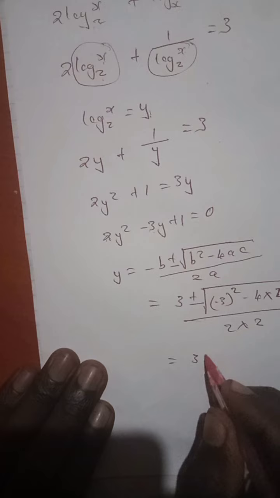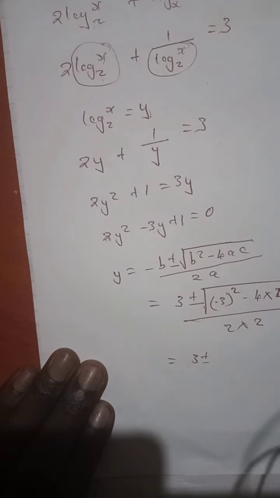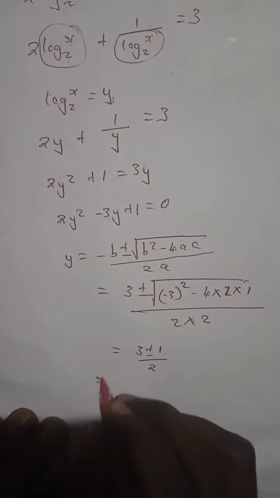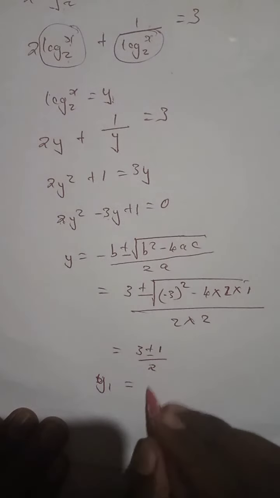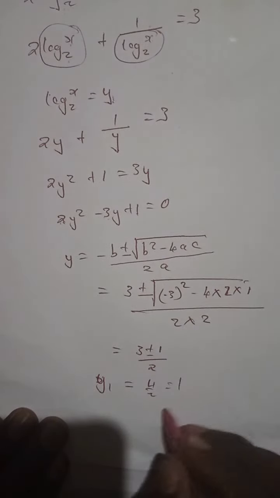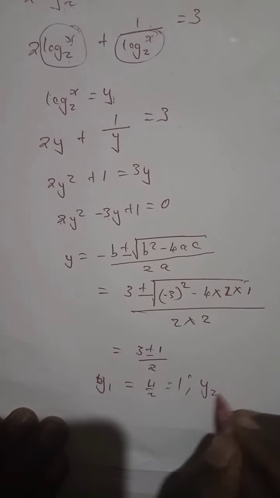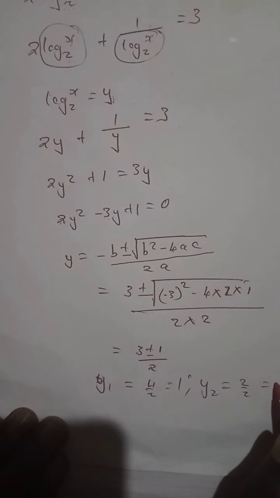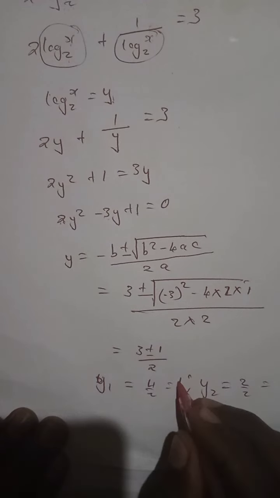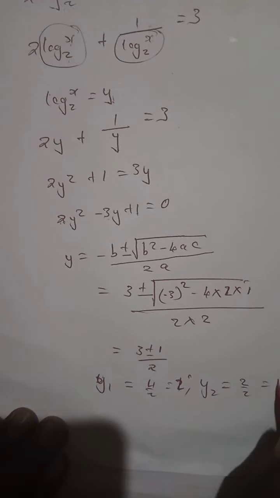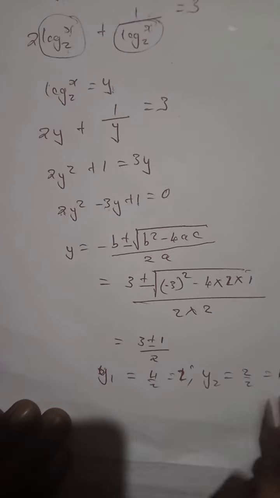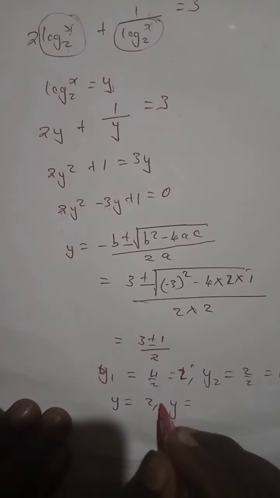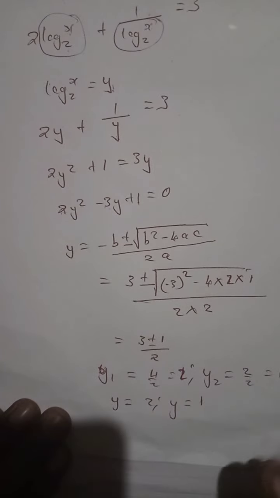That means you get 3 plus or minus 1 divided by 2. So our y1 for the addition is 4 over 2, which is 2, then our y2 for the subtraction is 2 over 2, which is 1. So we have two answers: y is equal to 2 or y is equal to 1.